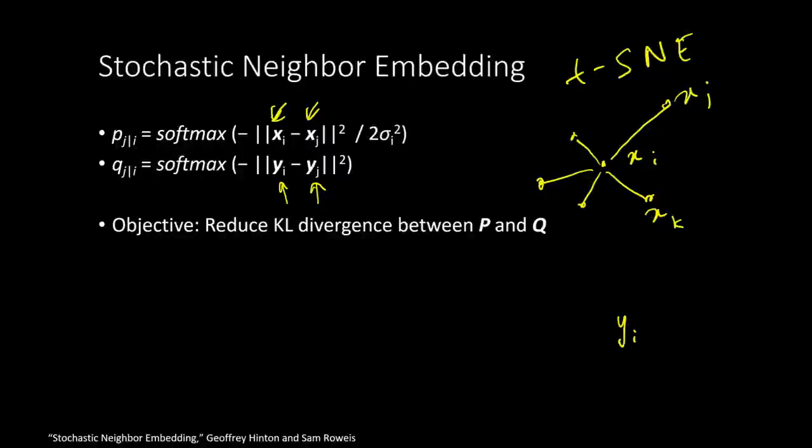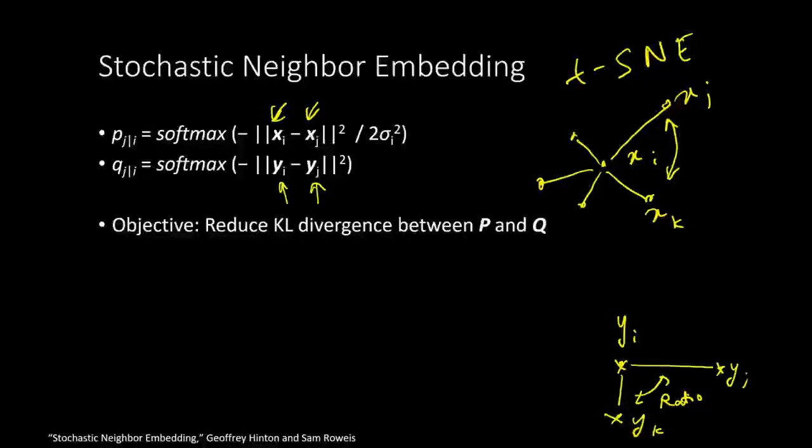In that new space, the distances between yi and yj, and yi and yk, the ratio of these two, and the ratio of these two in some sense should be maintained. If not ratio, some sort of relativity should be maintained. The relative distance of xi to all the other points should be the same as the relative distance of yi to all the other y points, where y is a smaller dimensional space and x is the larger dimensional space.